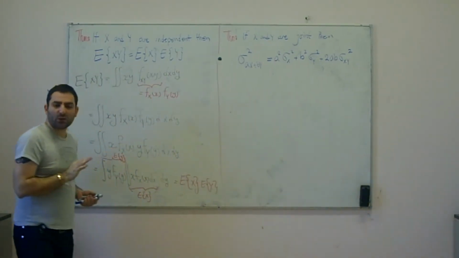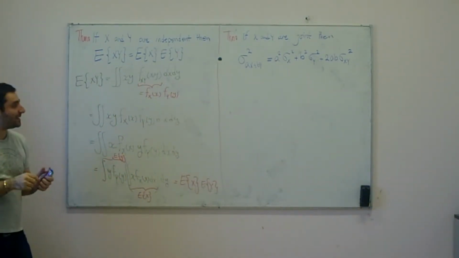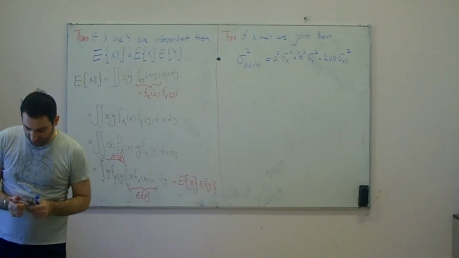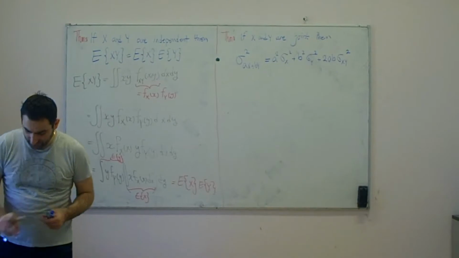This theorem, we don't use it directly. What we use is this. The corollaries, the consequences, the conclusions that we get from these theorems, there are two of them.